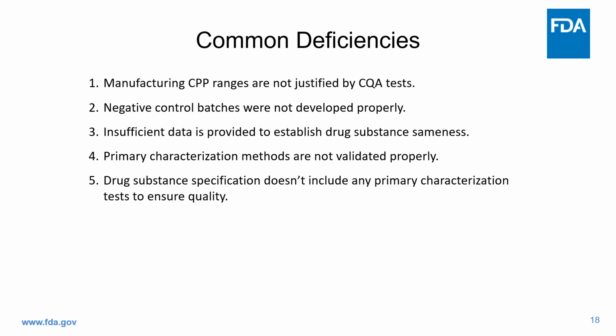Third, many times there are insufficient data provided to establish the drug substance sameness. Fourth, the primary characterization methods are not validated properly. Here, we would not only request the validation of the drug substance stability and release specification test methods, we require all the primary characterization methods, including the fingerprint method, to be validated.